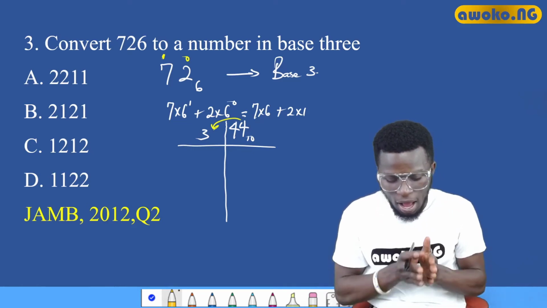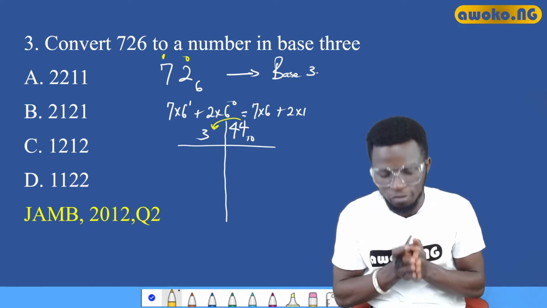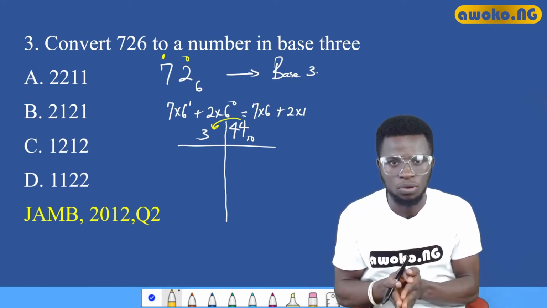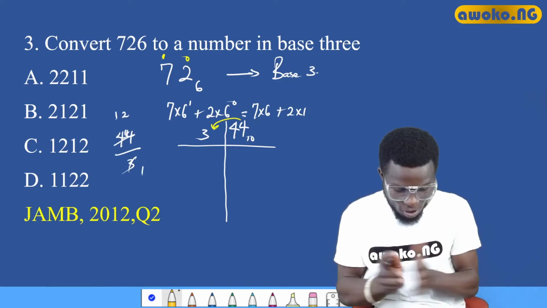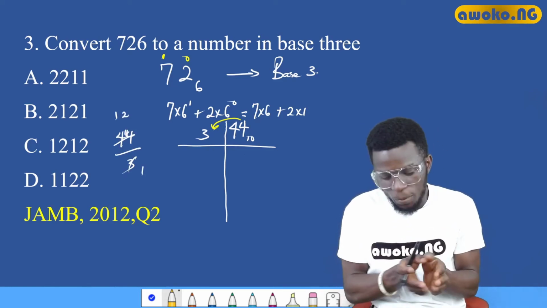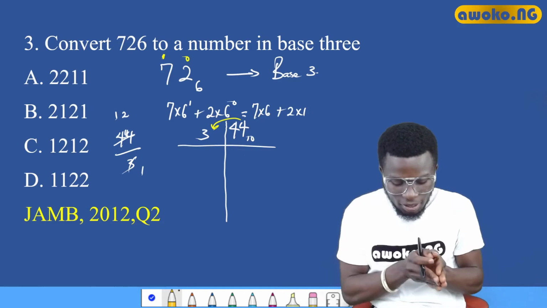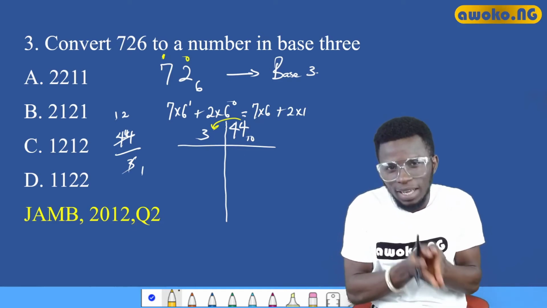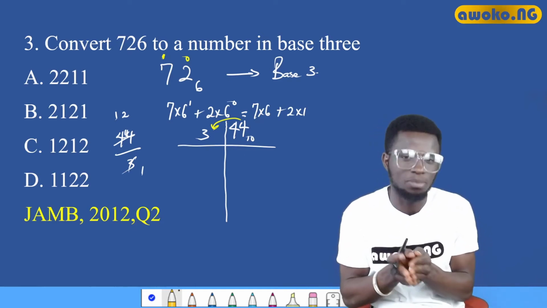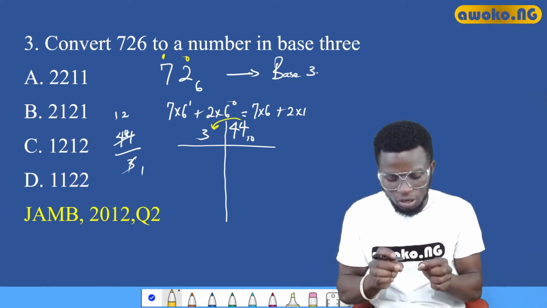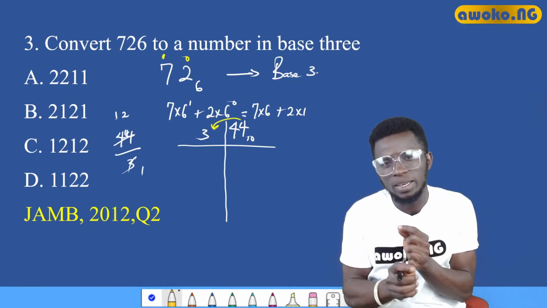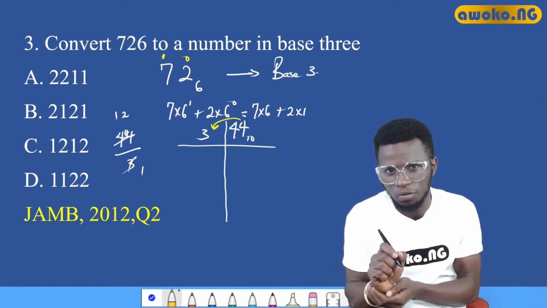Now how many times can 3 go in 44? Probably with remainder or without remainder. So converting 44 base 10 to a number in base 3, the first step is to look for how many times 3 can go in 44.